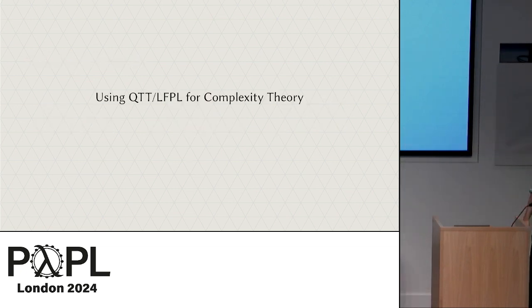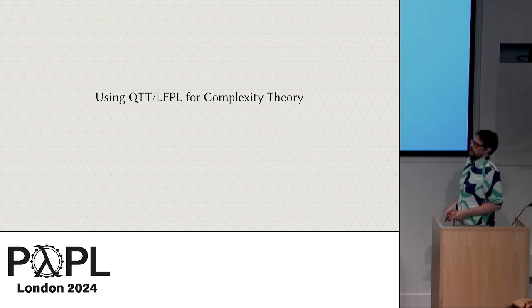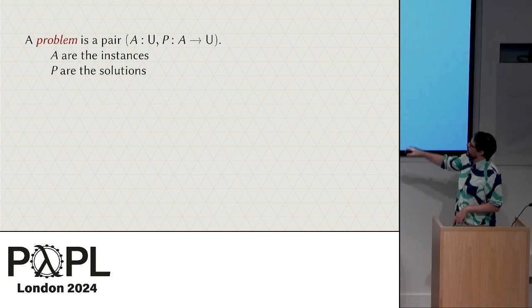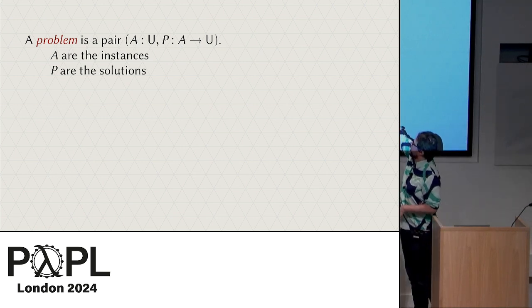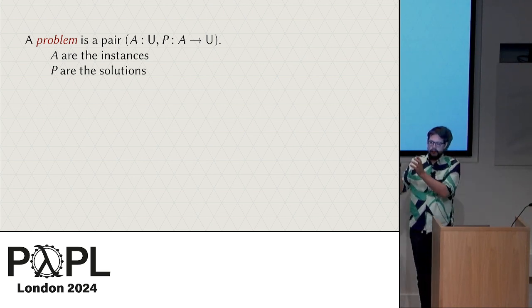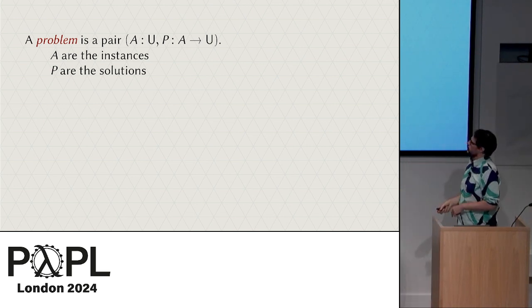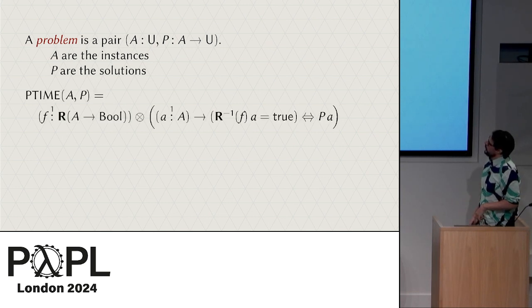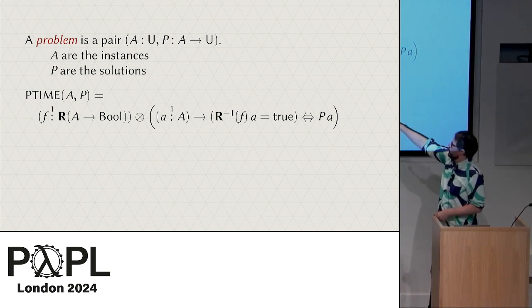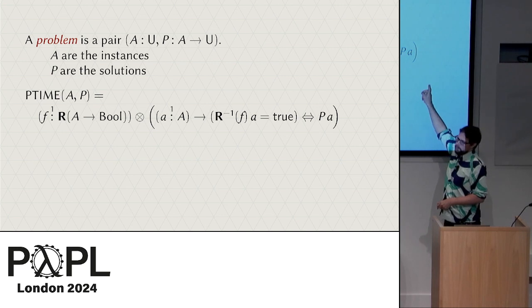So that means we can then use this system to define some notions from complexity theory. So let's define a problem to be a pair of A in the universe and a predicate on A. So this is like problem instances, and these are decision problems. This is like the ones which are solutions. We can then define P time to mean that there is a decider, f, which is realizable in polynomial time, such that for all instances, if it says true, then the predicate holds.